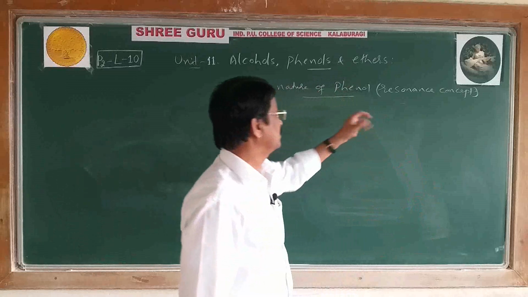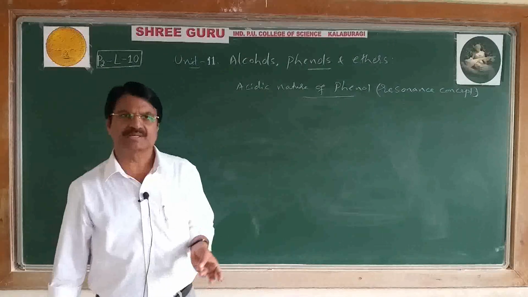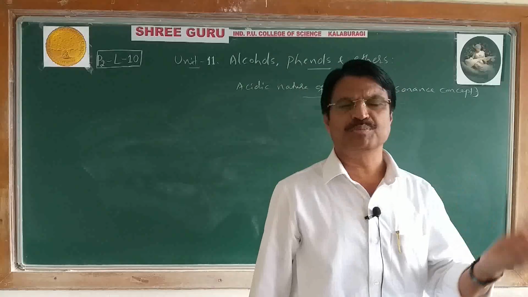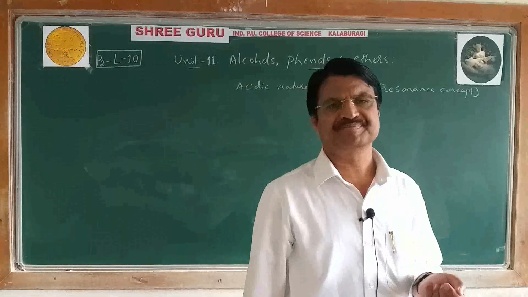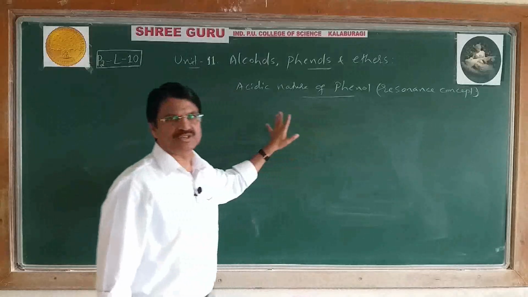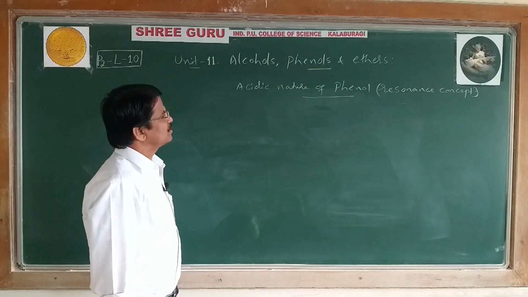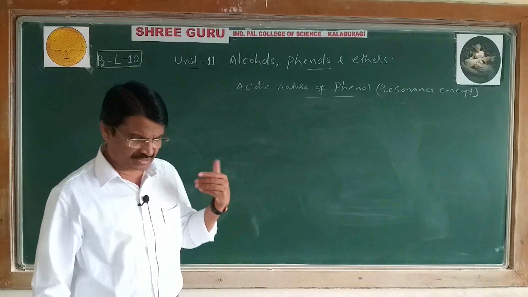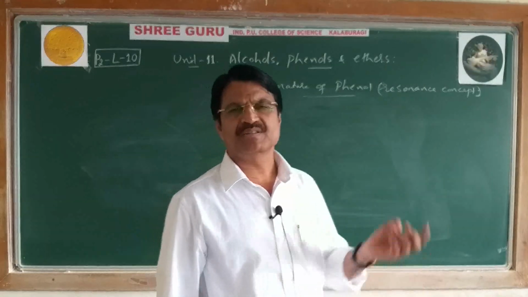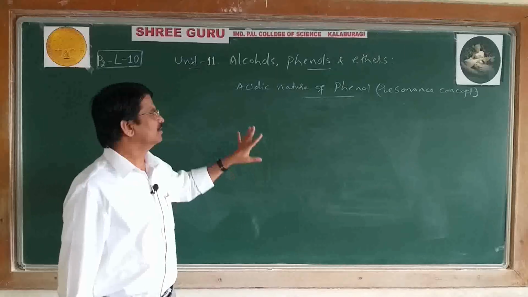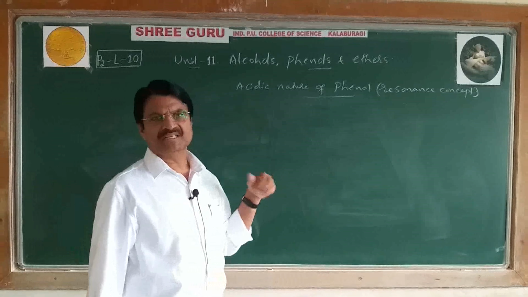Now we can study the theoretical side. In the resonance concept, we study electron pairs, maybe a lone pair or a pi-electron pair. Delocalization of these can cause the acidic nature of phenol. First we write the ionization of phenol, then the resonance structures of phenol and the resonance structures of phenoxide ion. Based on those, we can decide why phenol is said to be acidic in nature.